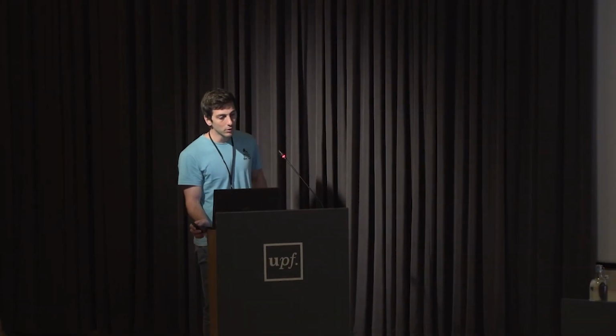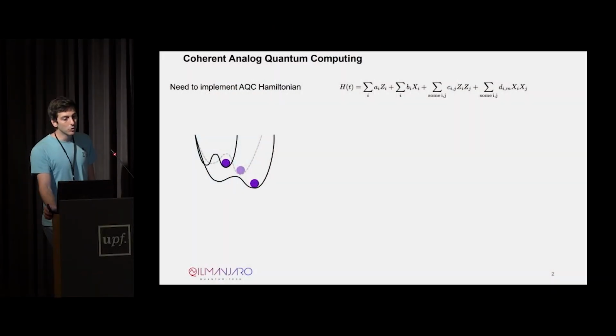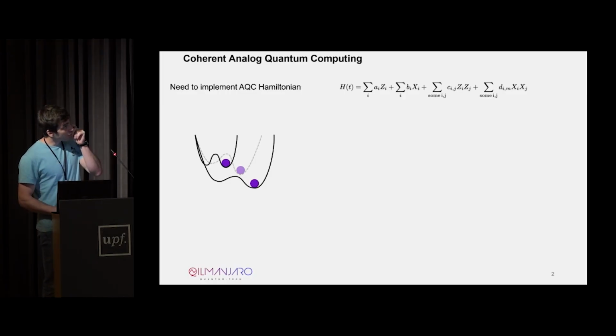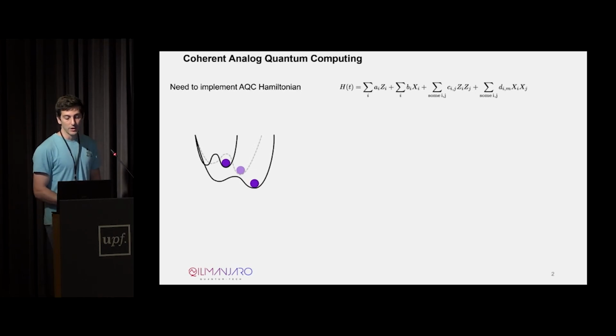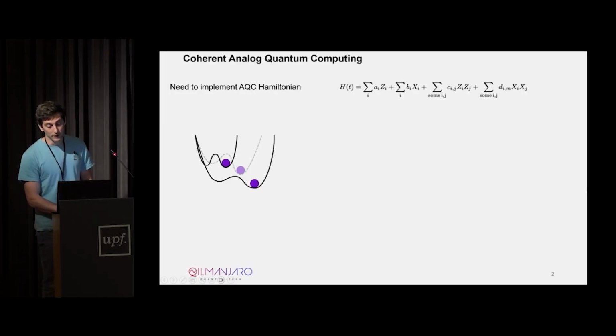First of all, if you want to perform coherent analog quantum computing, very generally speaking, we need to be able to implement a Hamiltonian like that one, which contains both longitudinal and transverse terms in some single qubit basis, plus also ZZ coupling terms and XX coupling terms.